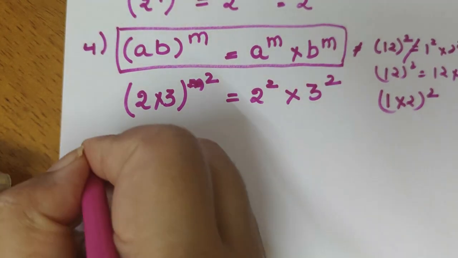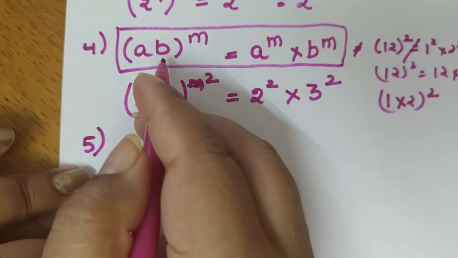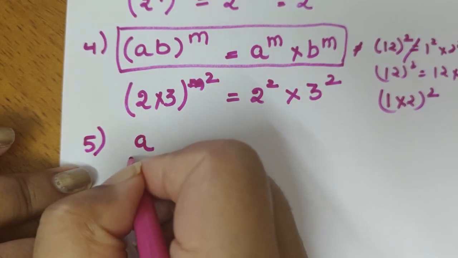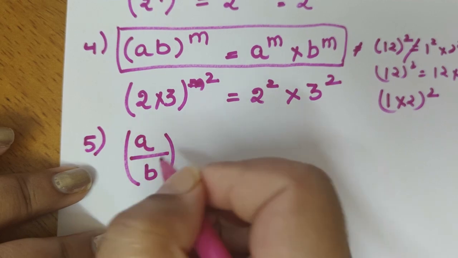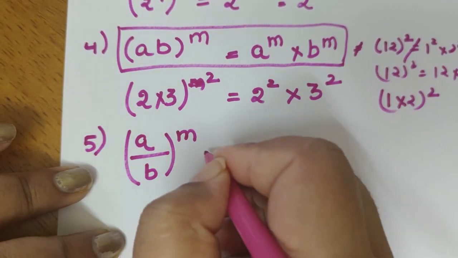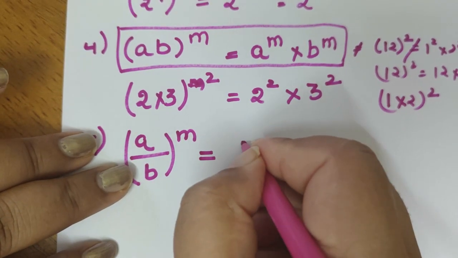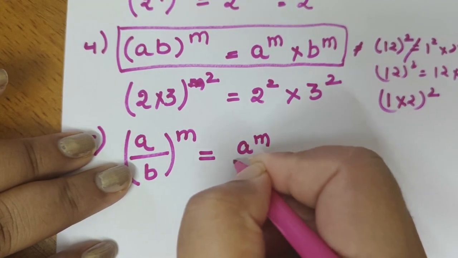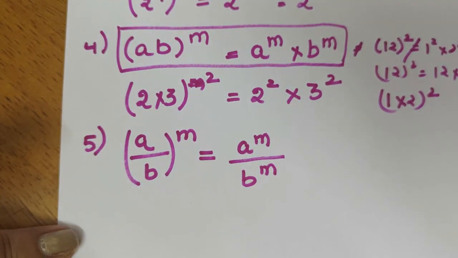Now the fifth one is a similar one for rational numbers. If I have a fraction, a by b raised to the power m, this will mean a to the power m by b to the power m.